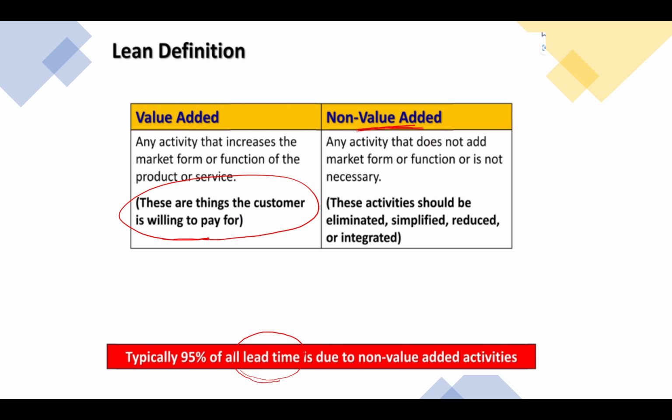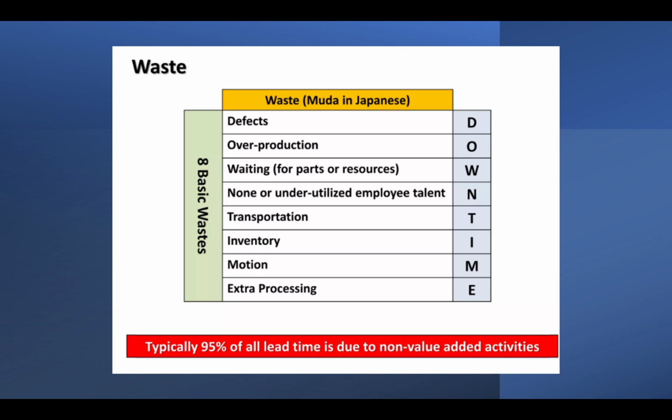Now, what is waste? Waste is called muda in Japanese, and there are 8 basic sources of wastage. Wastage is when you are producing defective products, producing more than the required quantity, waiting for other parts or resources, not utilizing your employees, and transportation, inventory, motion, extra processing.